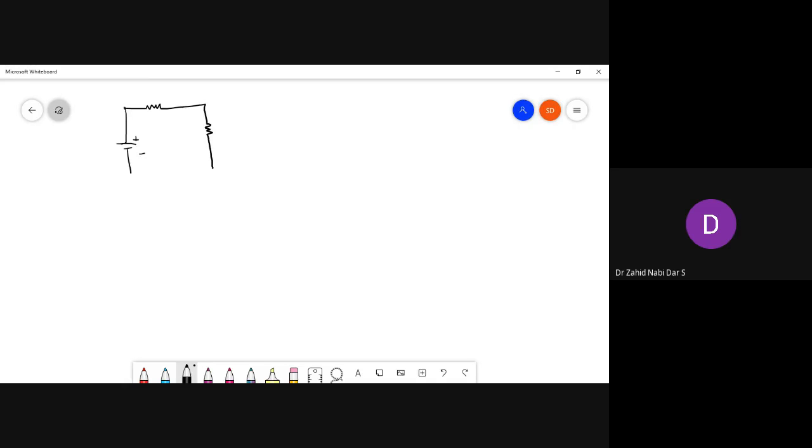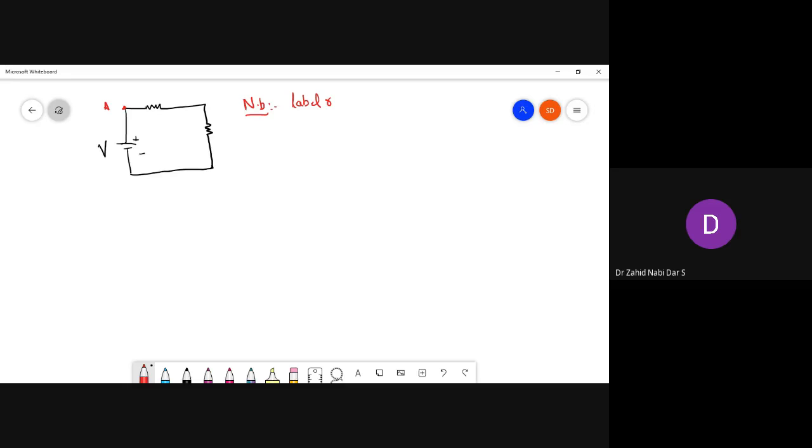Now remember one thing, whenever you see any circuit, this is my voltage. The first point, A, label this. The labeling will not change until and unless any element is in between. Note this point, nota bene, this is a point of importance.